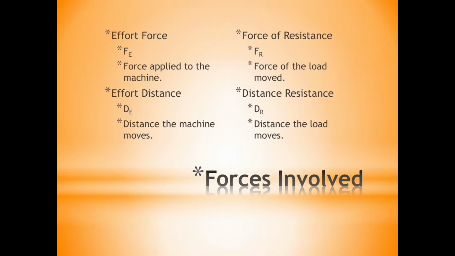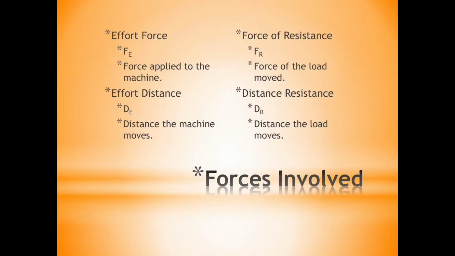So what are some of the forces that are involved in machines? Well, we've got 4 here. We've got an effort force, an effort distance, a force of resistance, and a distance resistance. Effort force is labeled as Fe, and this is the force that is being applied to the machine. Effort distance, we symbolize with a dE, and this is the distance that the machine moves.